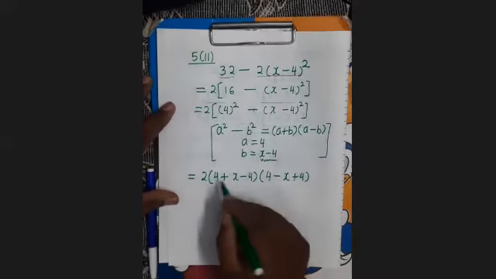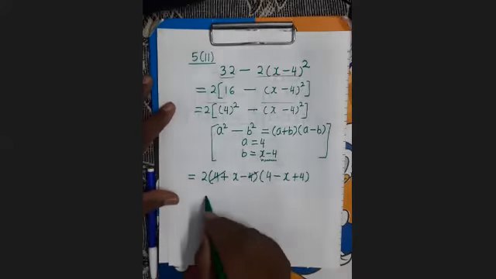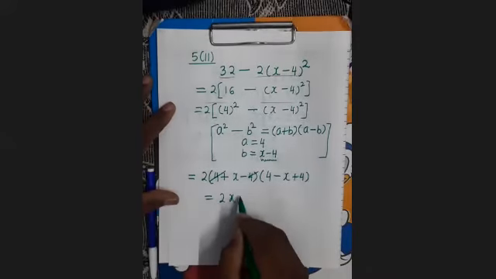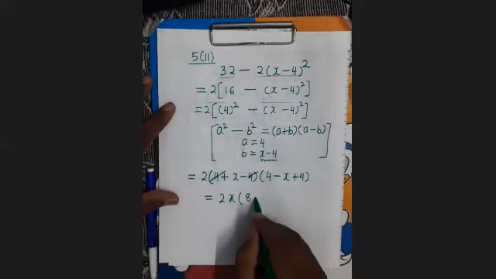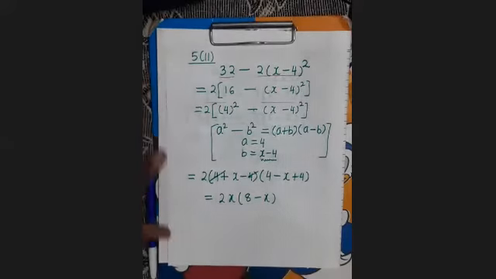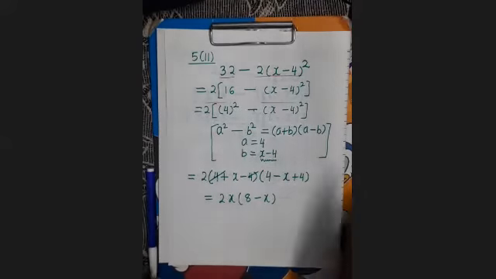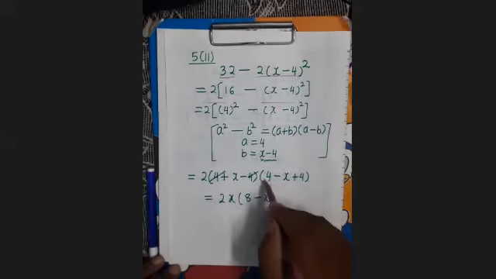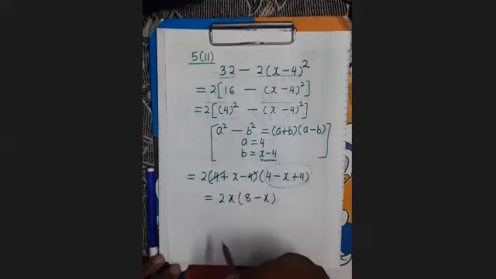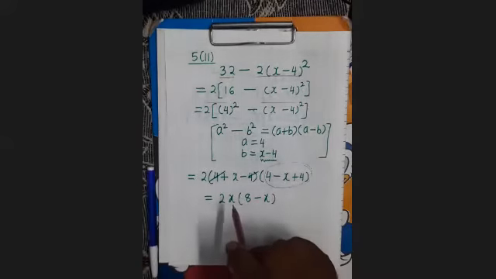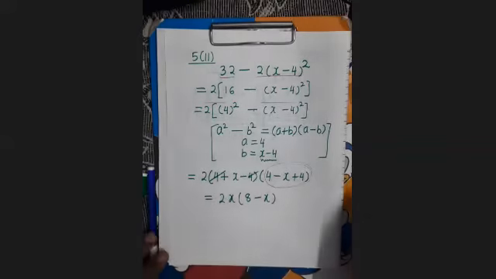So see here, this and this cancel. This is equal to 2x, 4 plus 4, that is 8. Have you understood? Yes, sir. ये ब्रैकेट में ध्यान देंगे a minus b. It's clear?